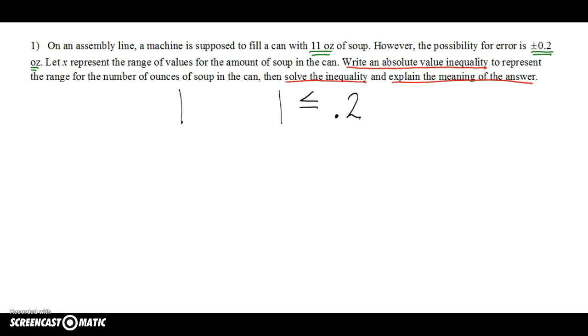Now, distance, as we've talked about, goes with difference. The difference between what the soup can actually has, x, and what it should have, 11, that difference has to be less than or equal to 0.2. That's the inequality.